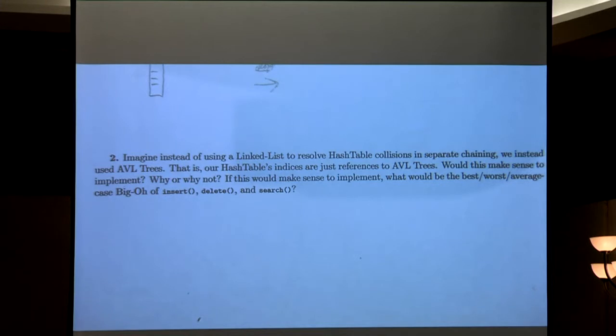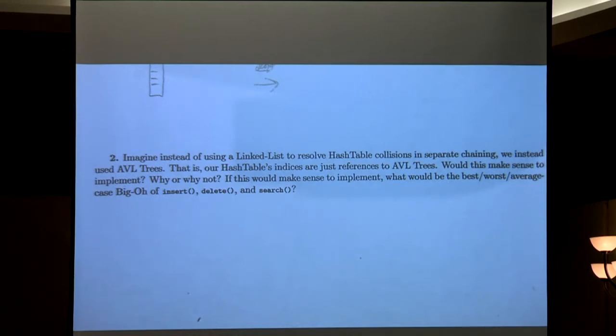Yeah, so pretty much always in best case, a hash table is order 1, because in the best case, you assume you have a perfect hash function, which means no collisions ever. So in the best case, every AVL tree inside this index would have either 0 or 1 things in it. Yeah, so that's the best case.